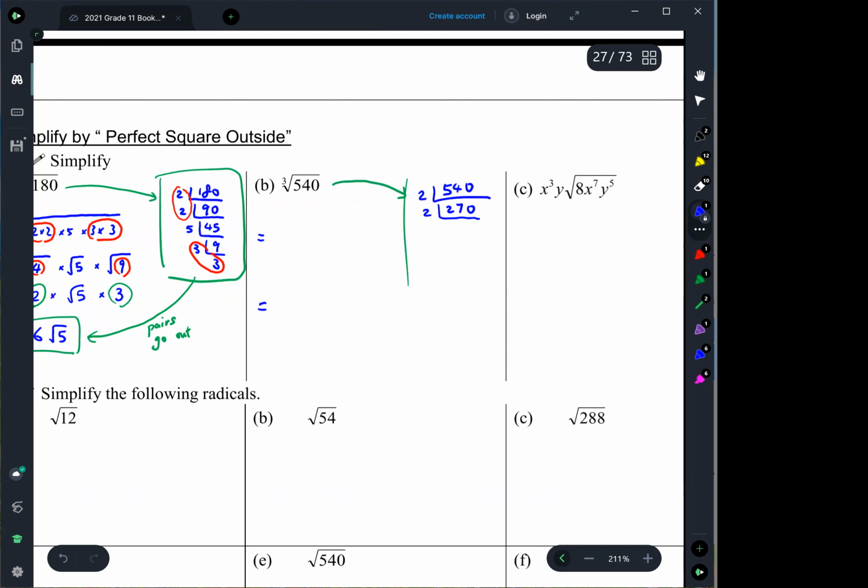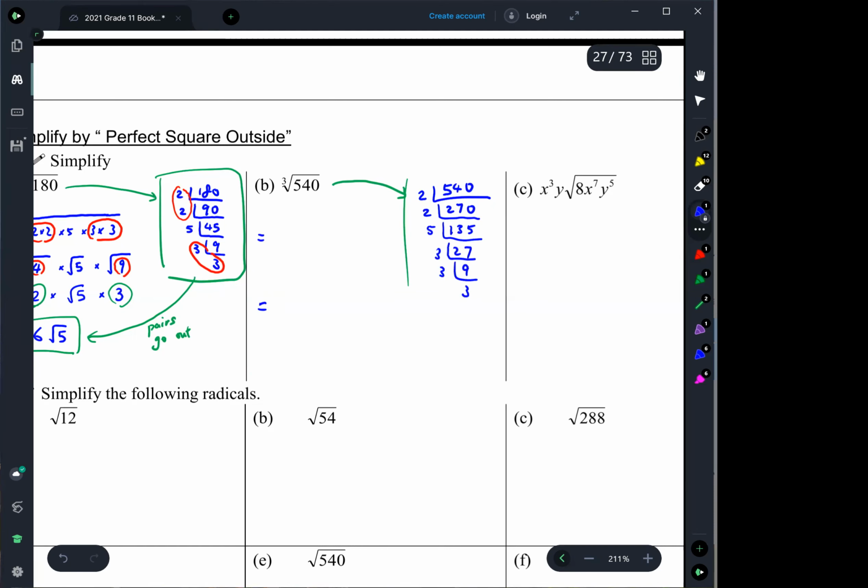And then I got 135. And then what should we do now? Keep on factoring. By 5, which is 2 and 7. And then it's 3 and 9. And then it's 3, 3.